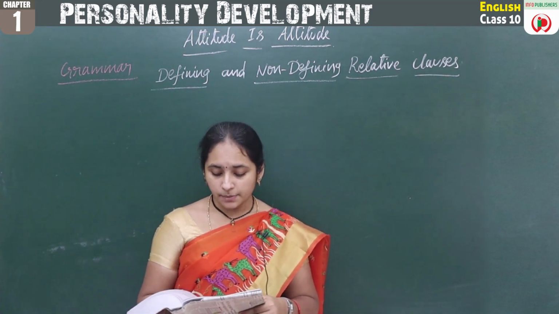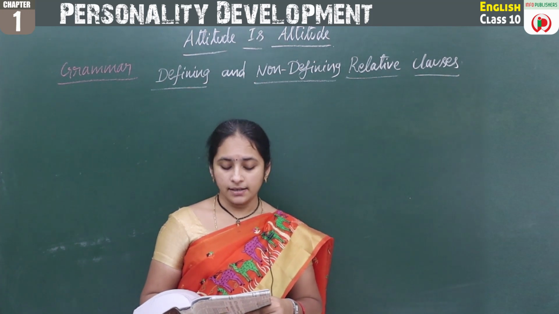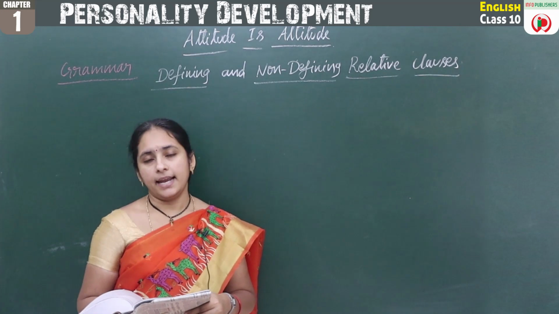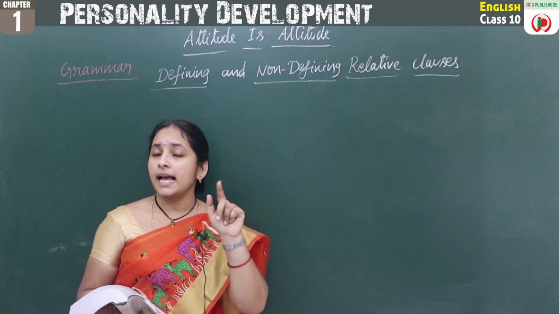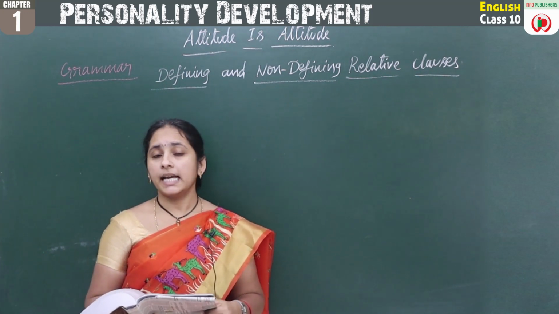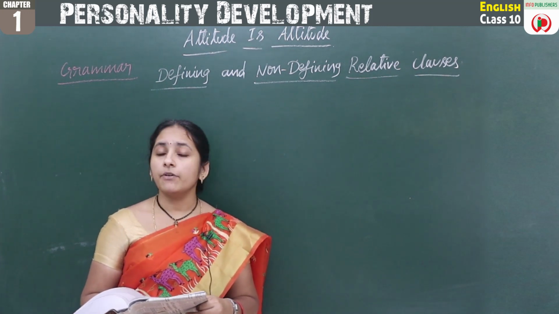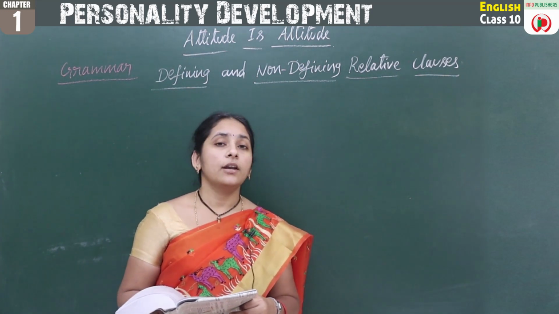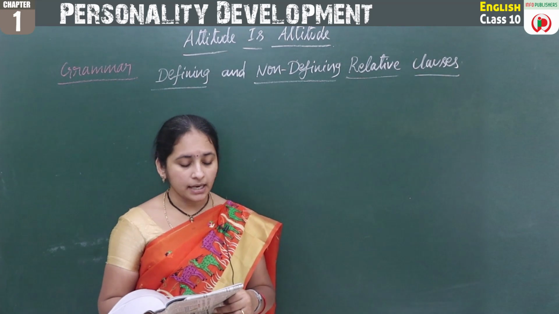Next one, see: the express, which started from Delhi yesterday, has just arrived. So the express has just arrived. The express started from Delhi yesterday. Both we can write. So this is giving information about the express. That's why it is, yes, a non-defining relative clause. Keep the commas now.